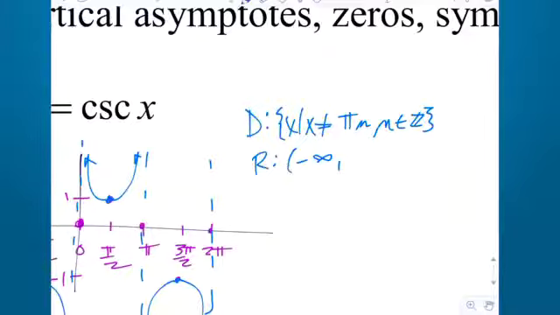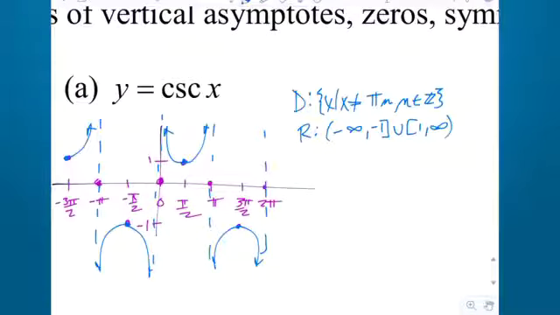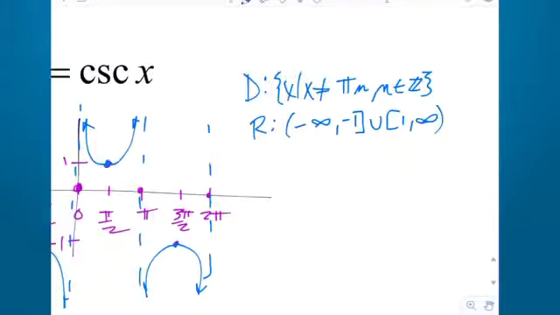Negative infinity to negative 1, union, 1 to infinity. Same as it was for secant. Any symmetry going on here? Even, odd, or neither? Y-axis, origin? Yeah, it actually has origin symmetry. Origin symmetric, which means that it is also an odd function.